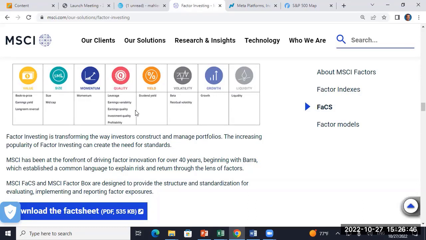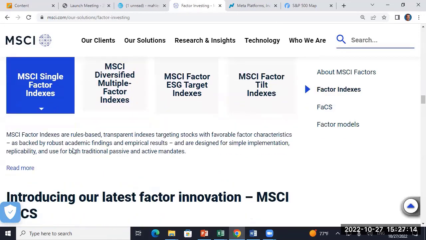Their reserves are plus or minus 3-4%, which means their earnings could be off 200% just because they thought it was 3 billion, and it was actually 3.2 billion. So quality doesn't like companies like that. They don't like companies where you're relying a lot on estimates. Investment quality, profitability, dividend yield, pretty straightforward. On volatility, you have beta in there. Growth is just the growth, and liquidity is how many shares trade.